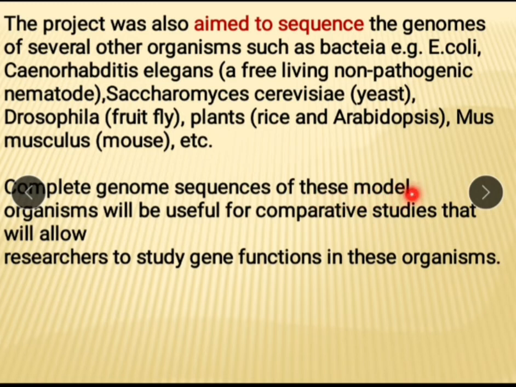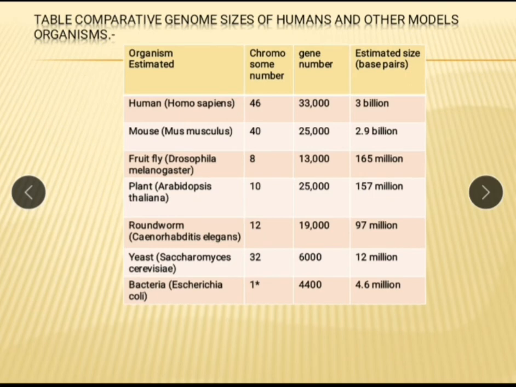Complete genome sequences of these model organisms will be used for comparative study that will allow researchers to study gene function in these organisms. See what scientists obtain after the study of the genome of all these organisms.